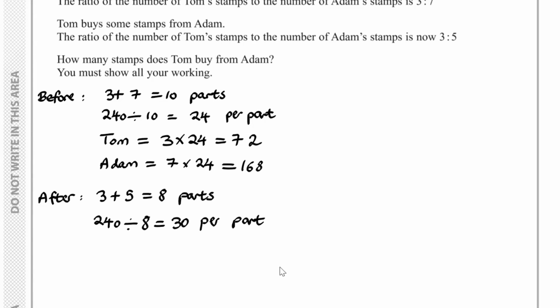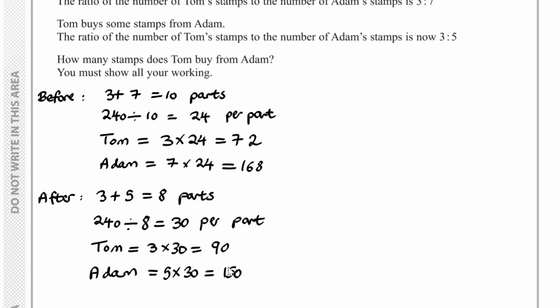And then Tom has 3 times 30, which is 90 stamps, and therefore Adam has 5 times 30, which is 150 stamps.